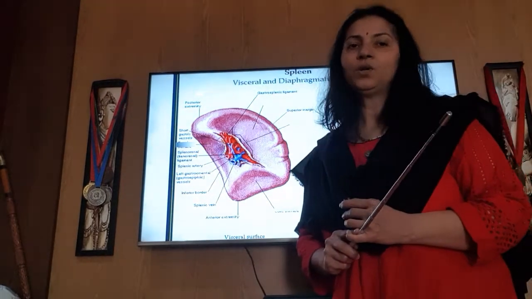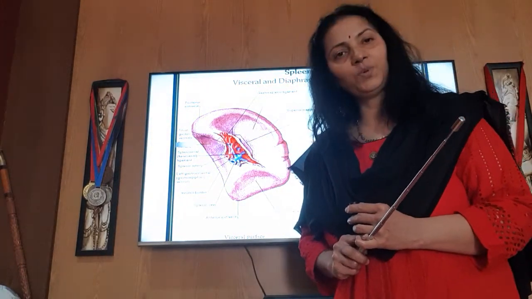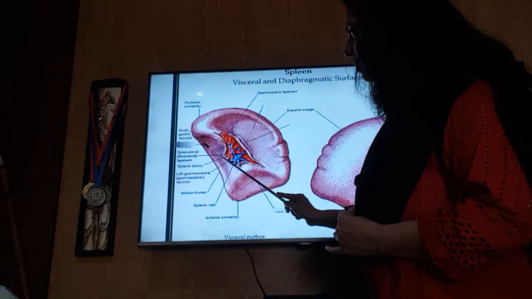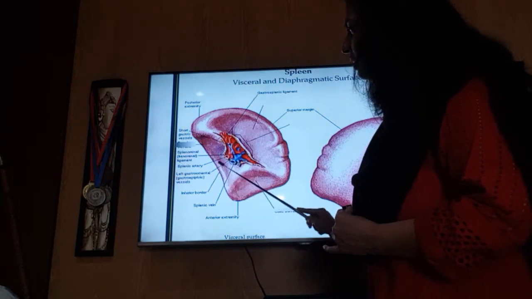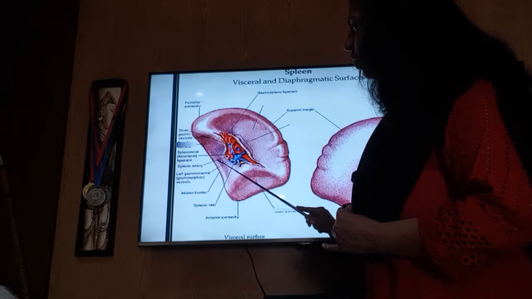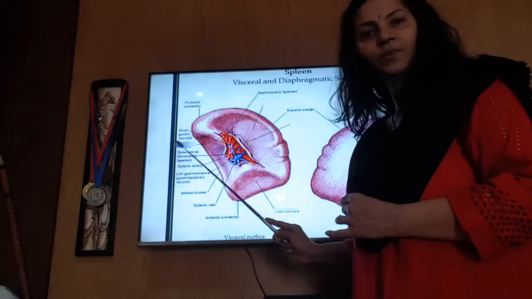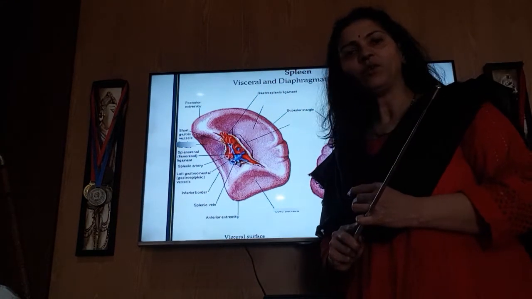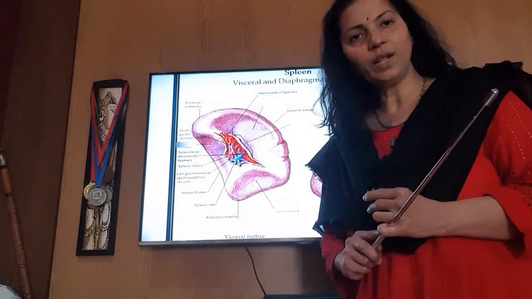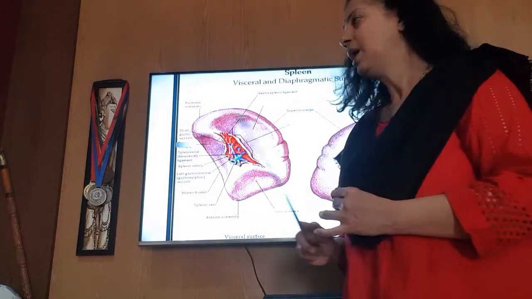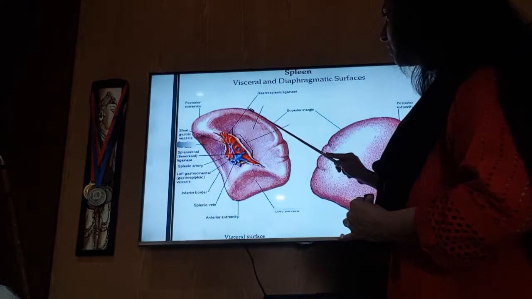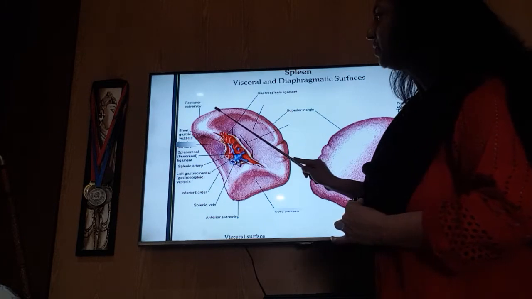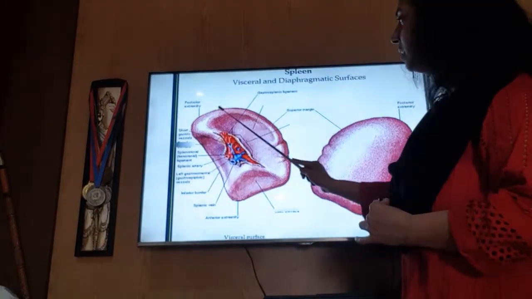The only question that now remains is which is superior and which is inferior. So you just see carefully this border. This is absolutely clean and straightforward. No notch, no elevation, nothing. So the border which is smooth, clear cut, having no notch, no impressions, no elevations, it is the inferior border. And now just have a look at this. This is more convex and it is having a notch here, see?